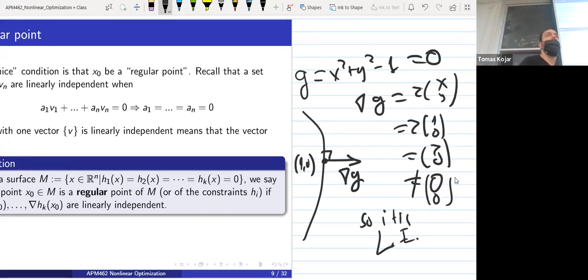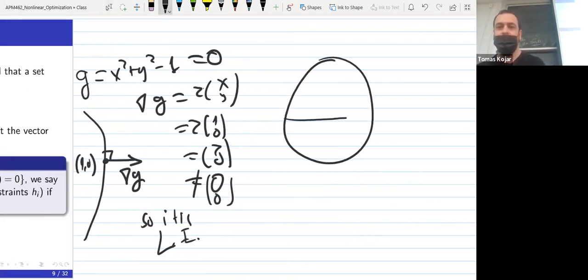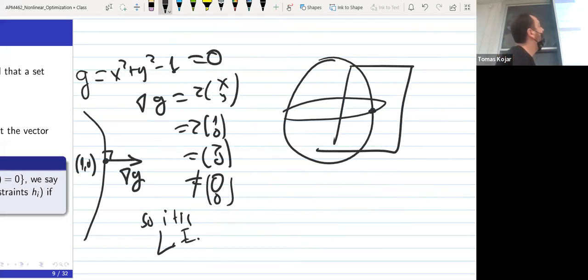Here we only have one vector, but in higher dimensions, you will have an entire plane. Let me try to draw it for you. If we did this for the sphere, then you will have a plane. It's hard to draw, I'll do a MATLAB demo next.